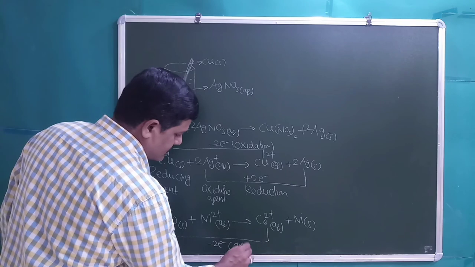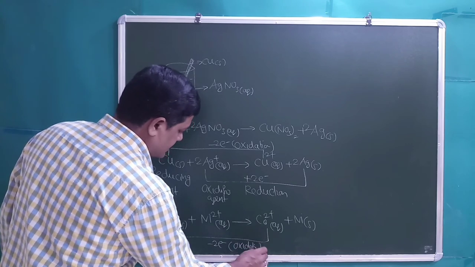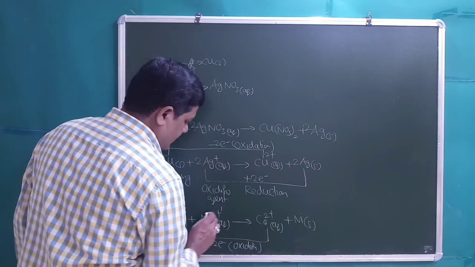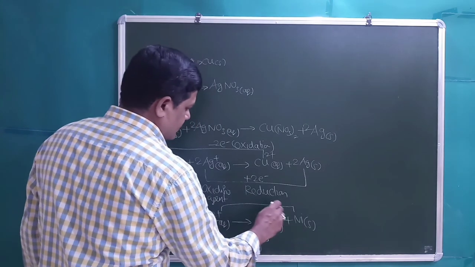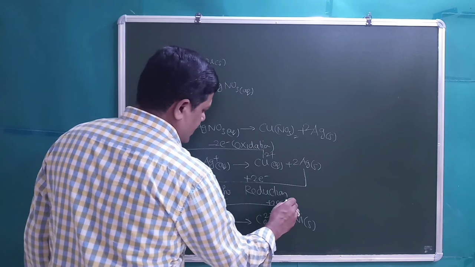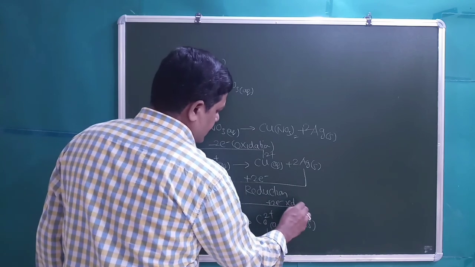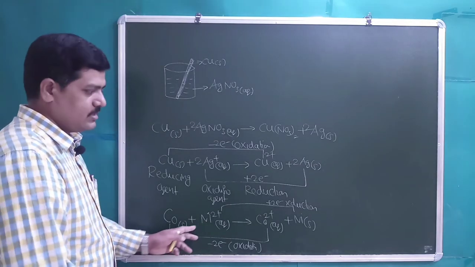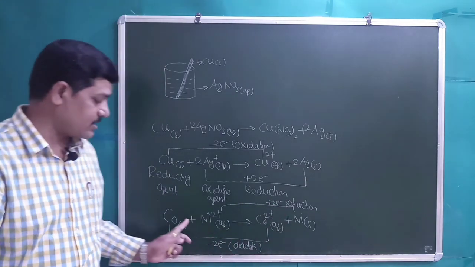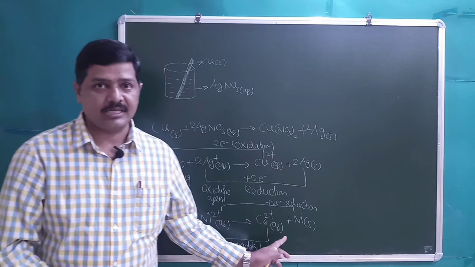Loss of electrons is called oxidation. Nickel goes from +2 to 0, gaining 2 electrons. Gain of electrons is called reduction. Loss of electrons is called oxidation.